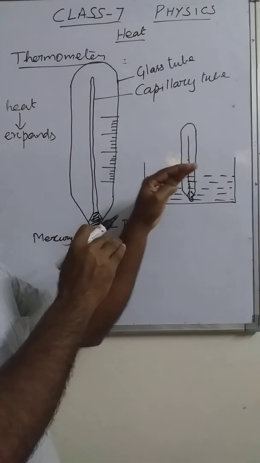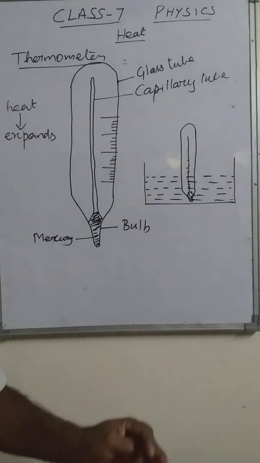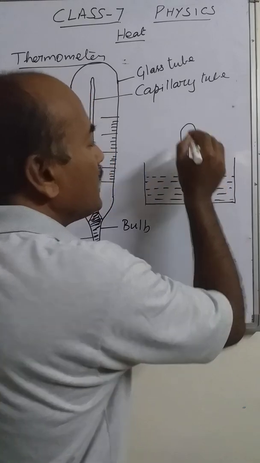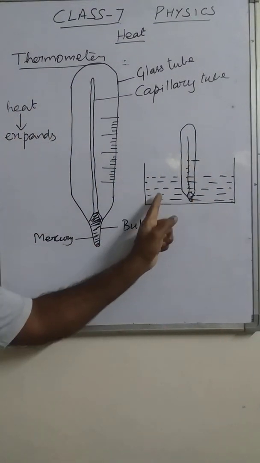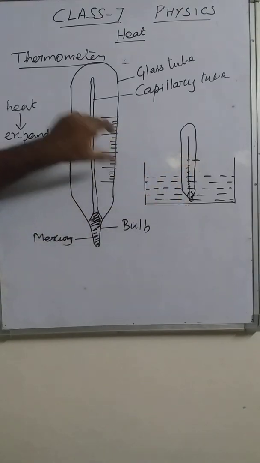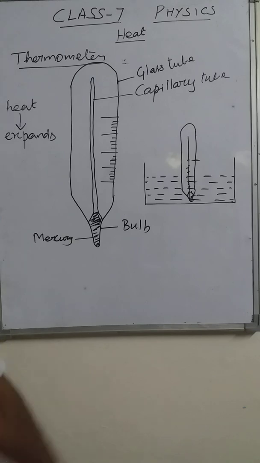When both temperatures become equal, the rise of mercury stops. At that level, whatever the value written on the glass tube, that is the temperature of this water. This is how the thermometer is used to measure the temperature of anything. This is the basic method.